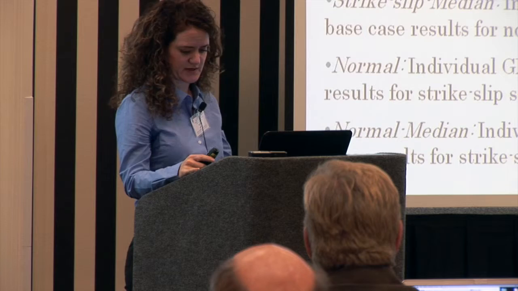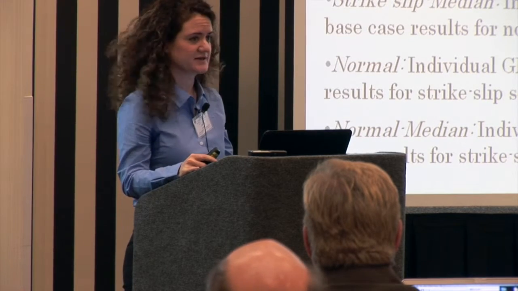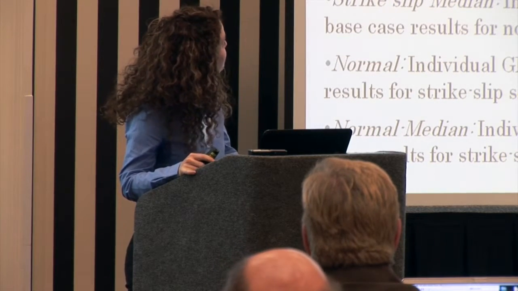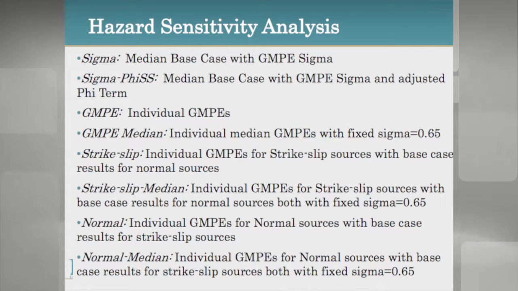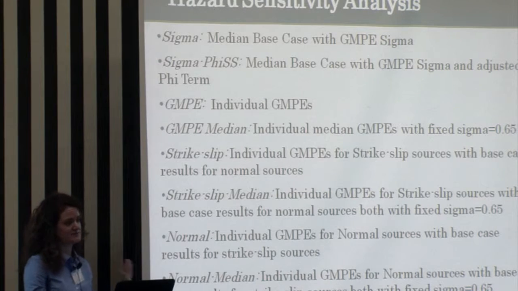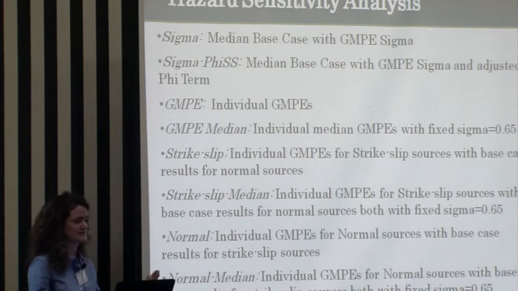This is similar to what Nick showed. Actually, I stole it from Nick. Just to go over it one more time, because it's kind of hard to get the first time. The sigma is the median base case, so we have those 5 NGA 2008 models with the sigma for the unique GMPE.